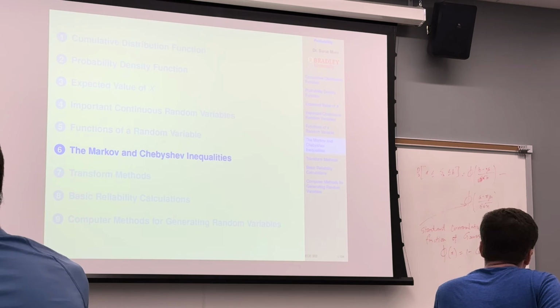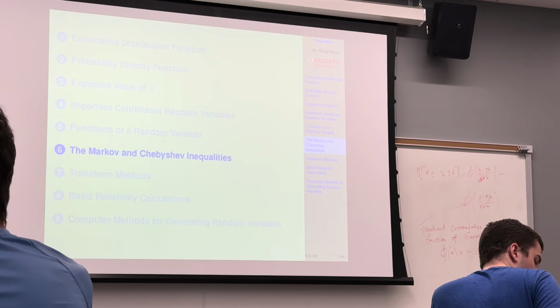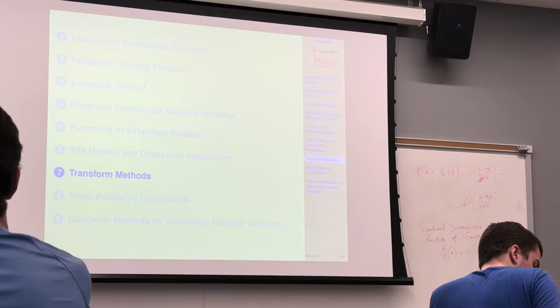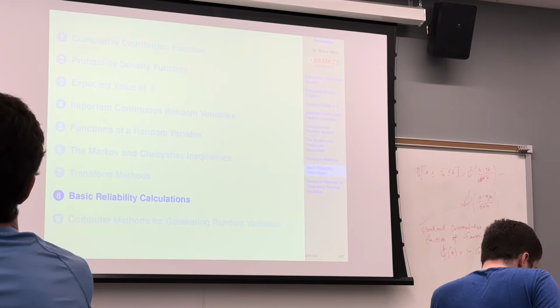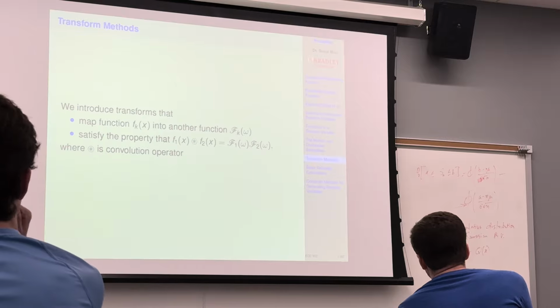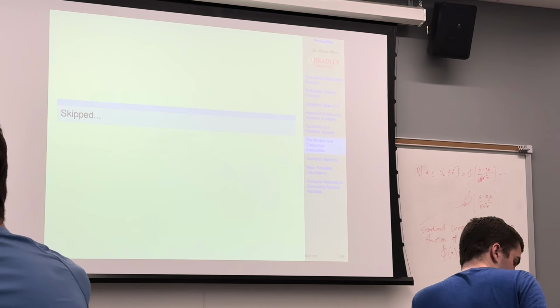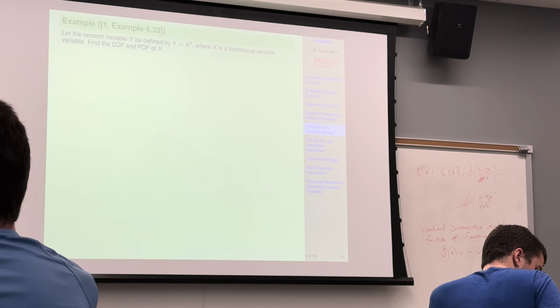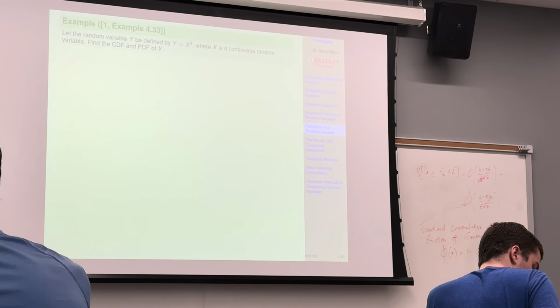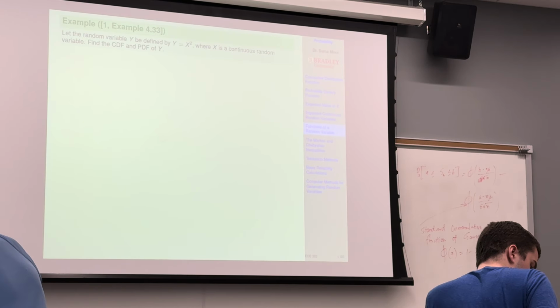After that, Markov and Chebyshev inequalities, I did not go through this in class at all. So you may want to just skip all this. Let me tell you exactly where you stop: at slide number 193.